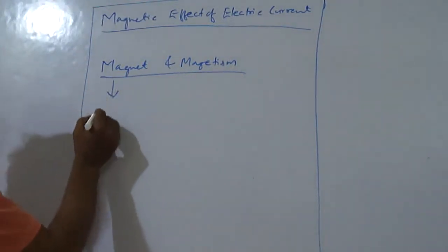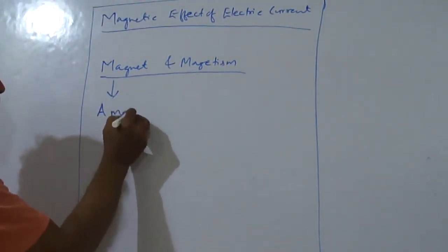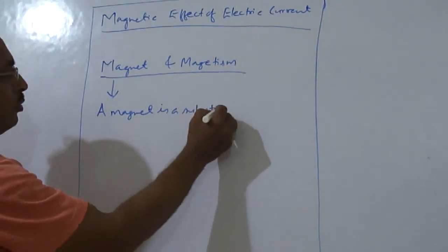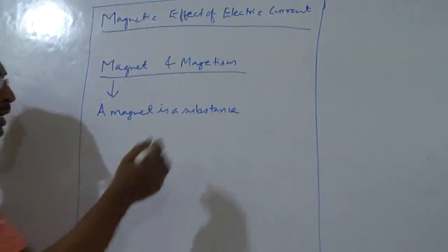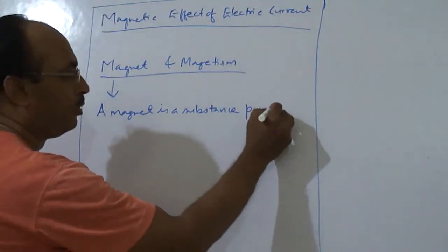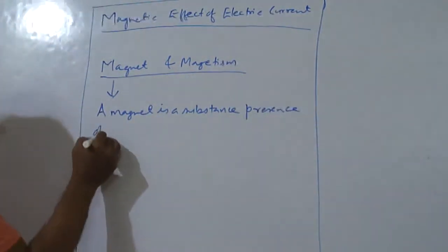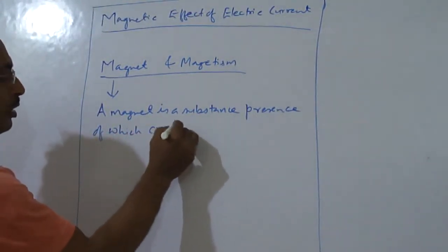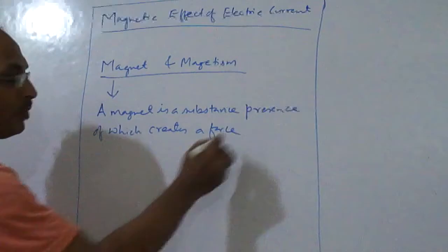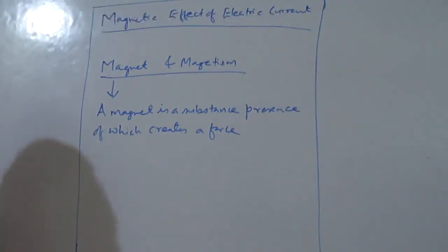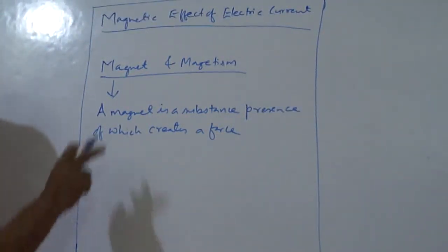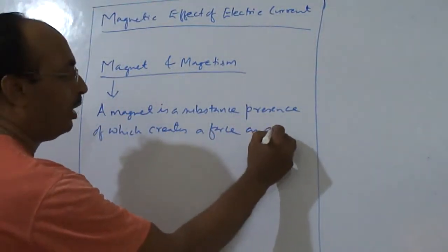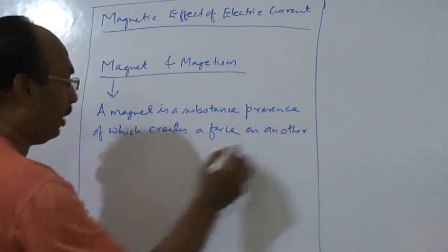So you can say a magnet is a substance, the presence of which creates a force on another body.